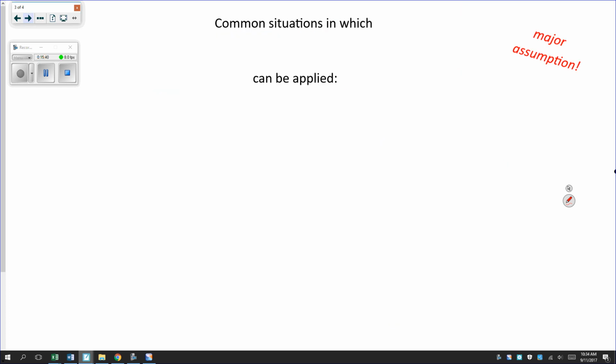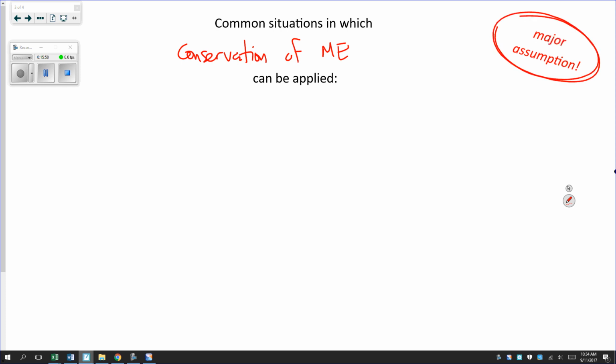Now, there are lots of situations in which conservation of mechanical energy can be applied. And here's a big deal. We have to assume something here. We have to assume a nice perfect, lovely utopian physical world where there's no friction, no air resistance, which some of you will refer to as wind resistance, but it doesn't need to be windy for air to get in the way of things.